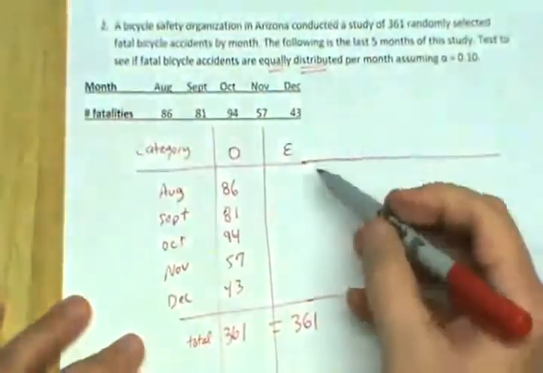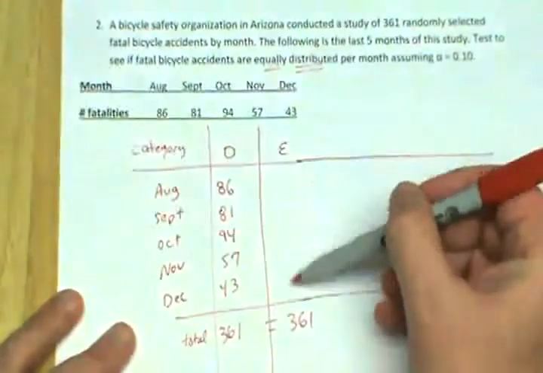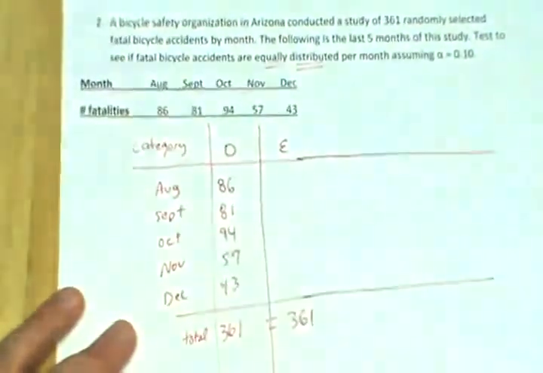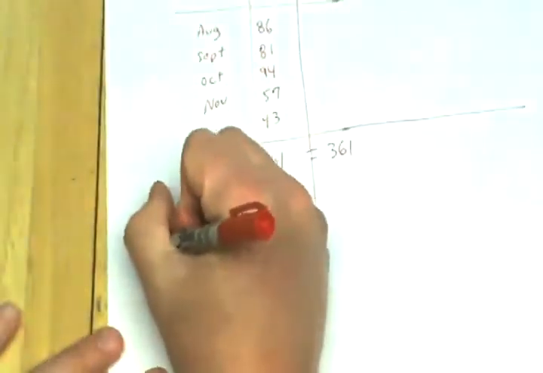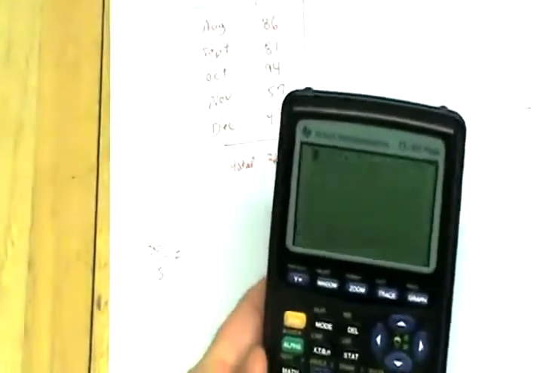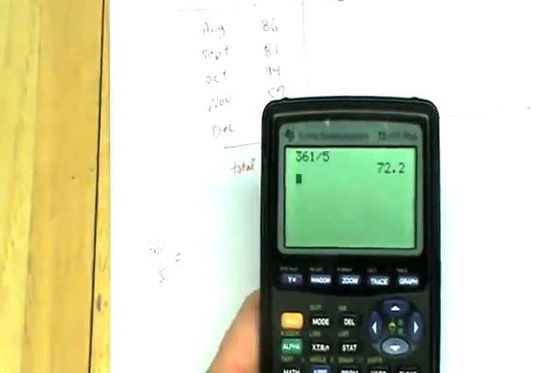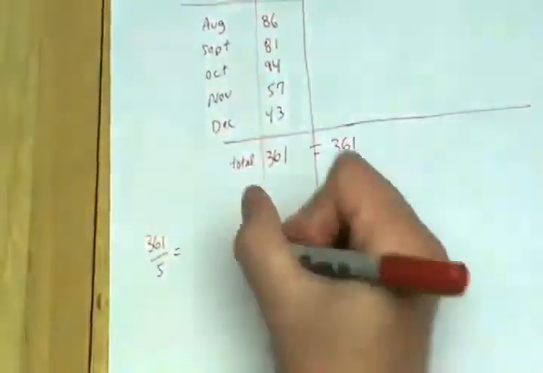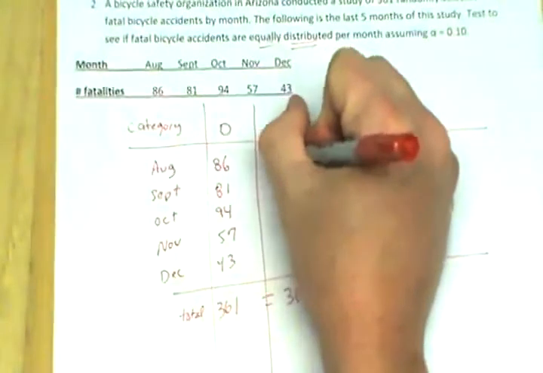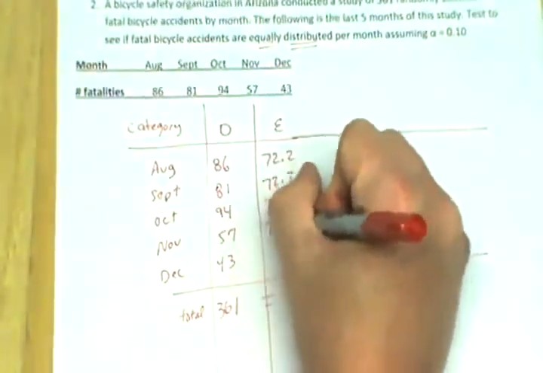So our expecteds. This question says, is everything equally distributed? So we want an equal distribution among these 5 categories. If we take 361 and divide by 5 in our calculators, we get 72.2. So if it were equally distributed, each one would be 72.2.